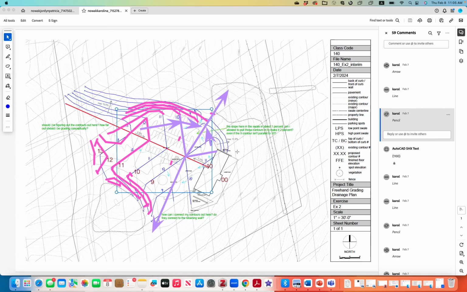As long as these contours, the first purple circle here on the parking lot, stay uniform, once we get to the swell, it becomes a different plane. That's when you can actually tweak some of the contours to fix this situation where you have so many contours attaching to the side wall, making the slope in this area pretty steep.